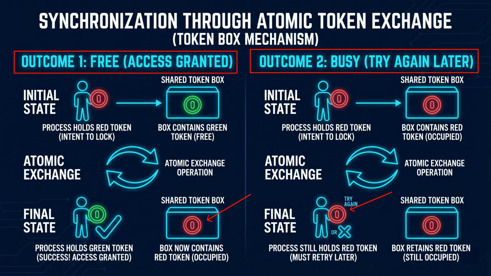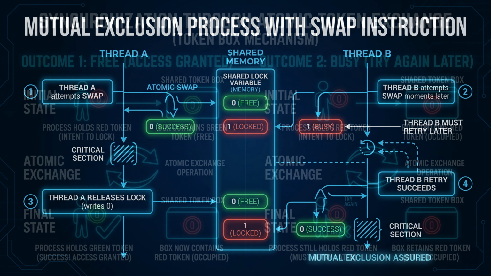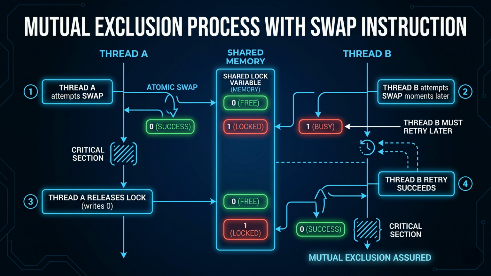This is synchronization through exchange. No guessing, no partial steps, and no dangerous timing gap between checking and updating. Let's make this practical. Suppose two threads want to update the same shared file record. Thread A performs the swap first and receives the green token. That means it now owns the lock and can safely update the file.